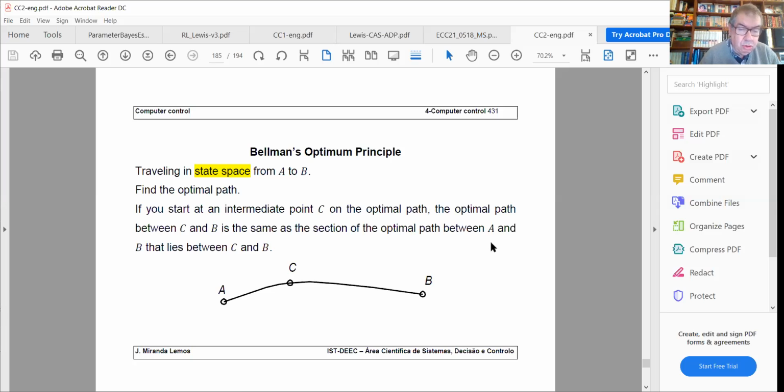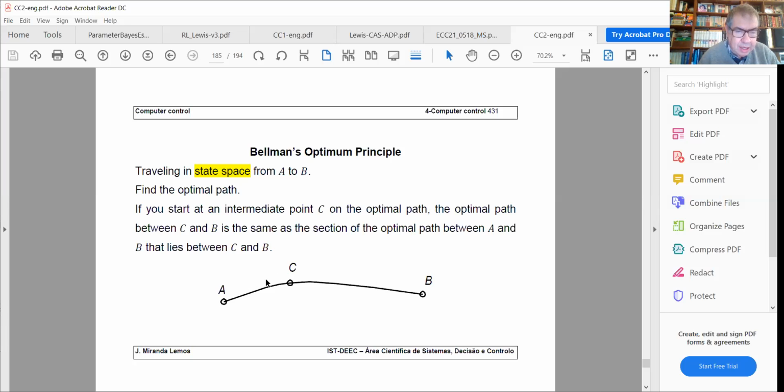Suppose that you live at some house in point A, and Instituto Superior Técnico is at point B. Okay, and by some means you find the optimal path between your home A and Instituto Superior Técnico B. So it's, for instance, the path that consumes less energy if you come using an electrical bike.